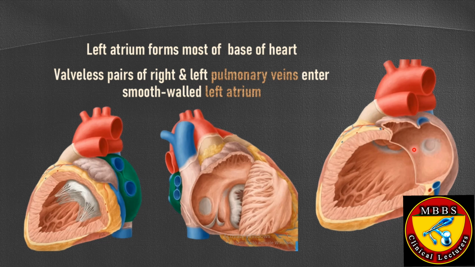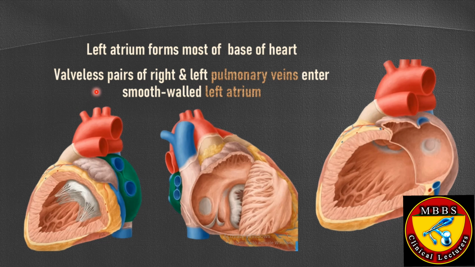So it receives two pairs of veins, the pulmonary veins, which are not attached to a valve. They are valveless veins: two on the right side, two on the left side. As you can see, these are the two left pulmonary veins, superior and inferior, and two right pulmonary veins, superior and inferior, right?